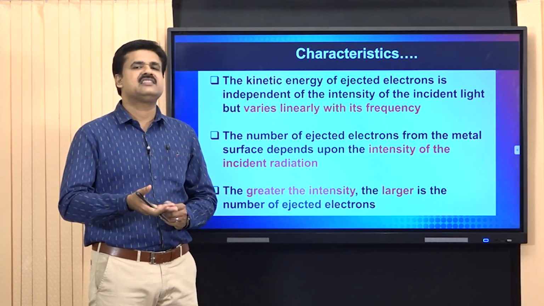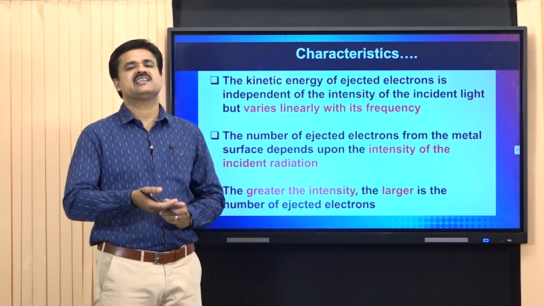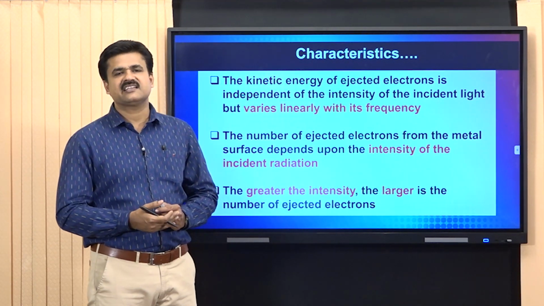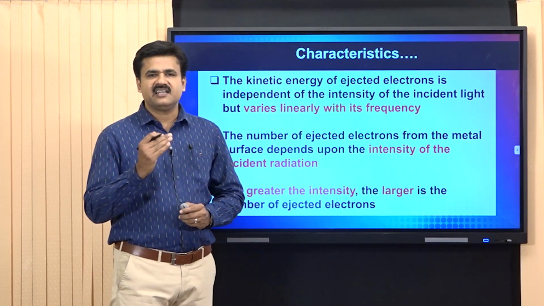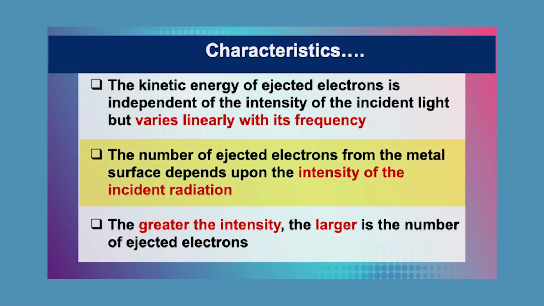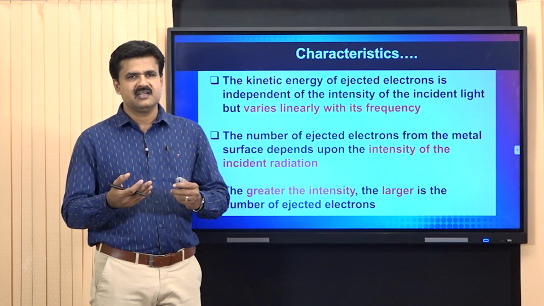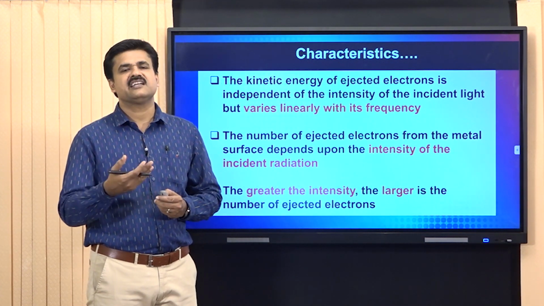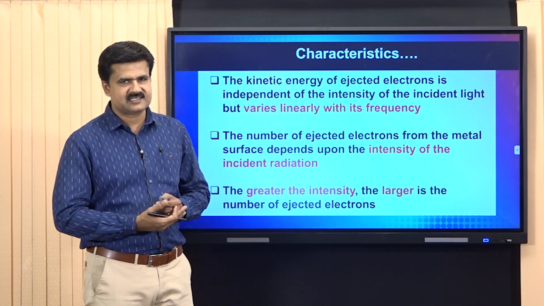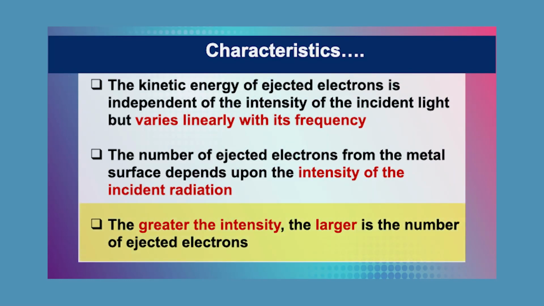That is, with an increase in frequency, an increased kinetic energy is observed. The number of ejected electrons from the metal surface depends upon the intensity of the incident radiation. That is, if there is an increase in the intensity, the number of ejected electrons will also increase. The greater the intensity, the larger is the number of ejected electrons.